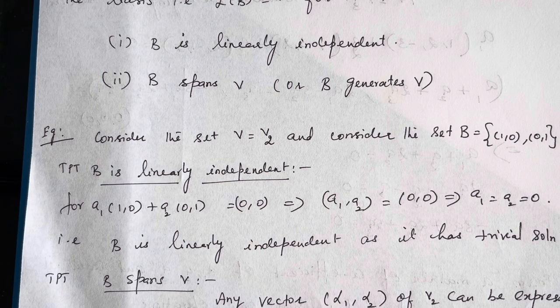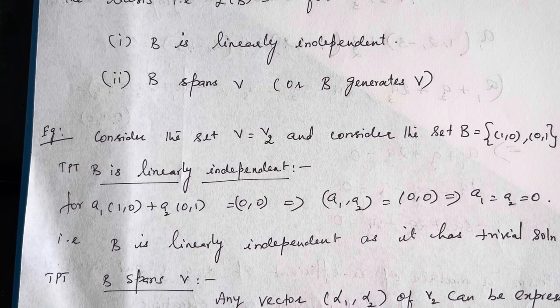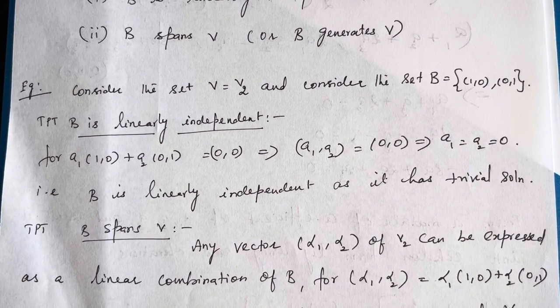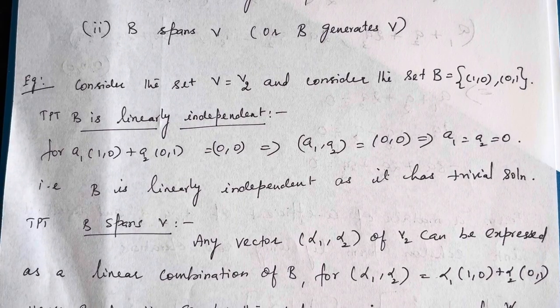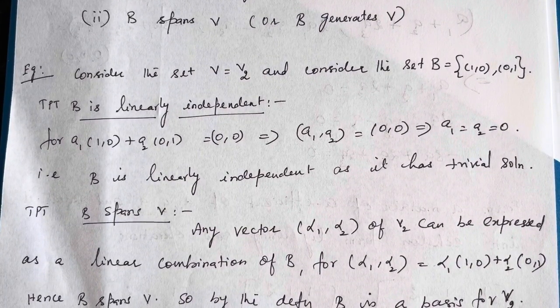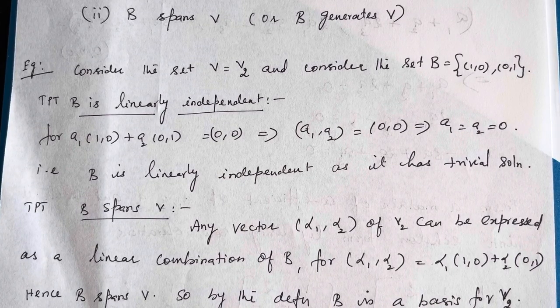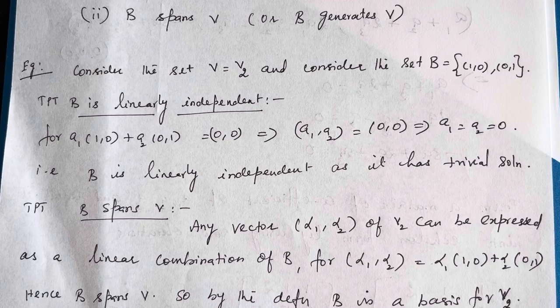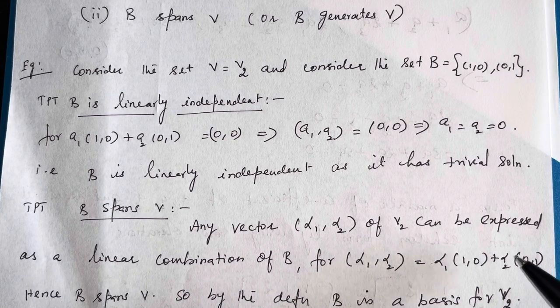Now the second condition is B must span V, that is it has to generate V. For B spans V, let me take any vector (alpha 1, alpha 2) of V2. It can be expressed as a linear combination of B: (alpha 1, alpha 2) equals alpha 1 into (1, 0) plus alpha 2 into (0, 1).